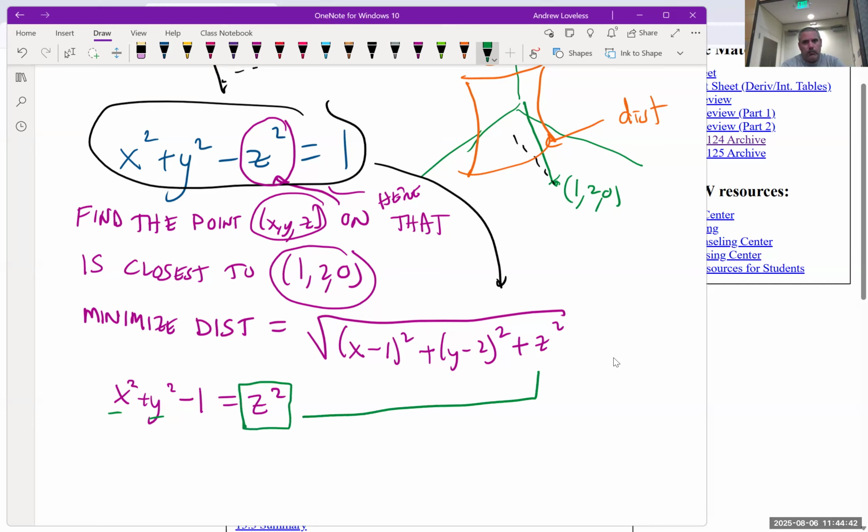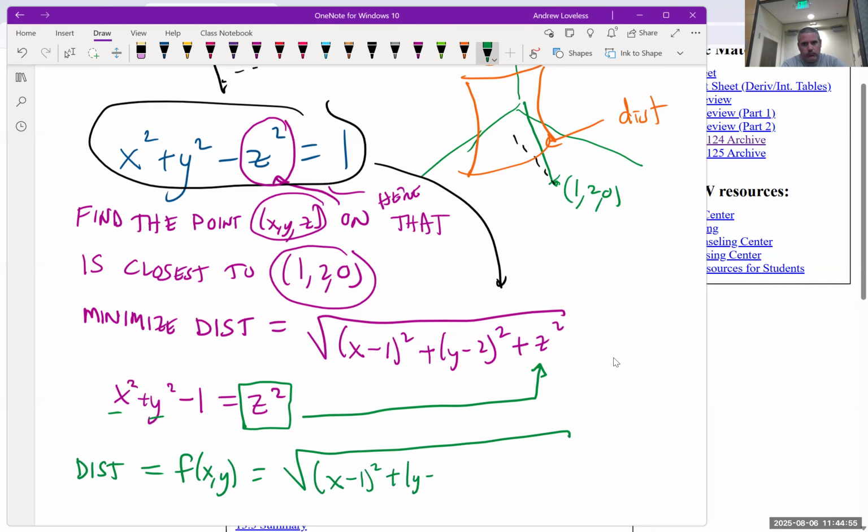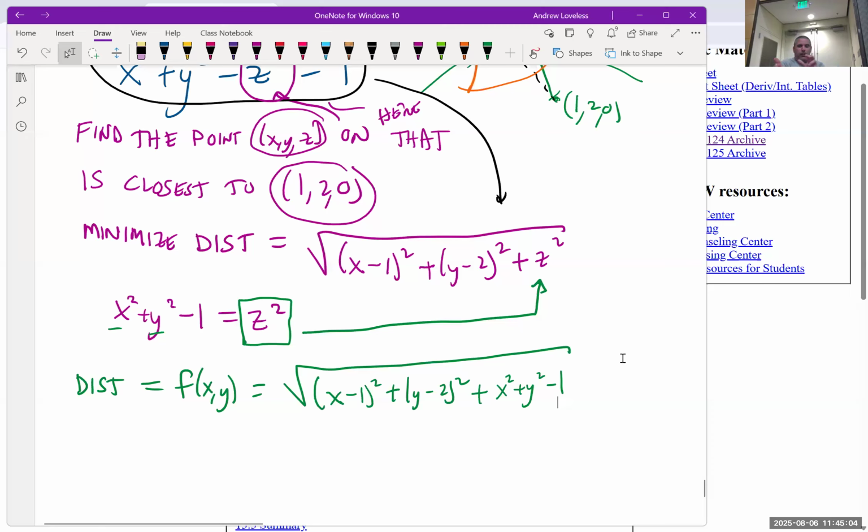So now I can give the distance with the restriction in there. And from here on out, that's the function I'm going to study.